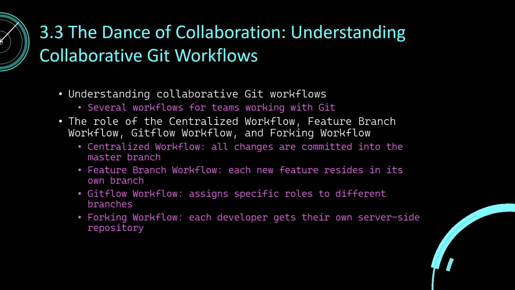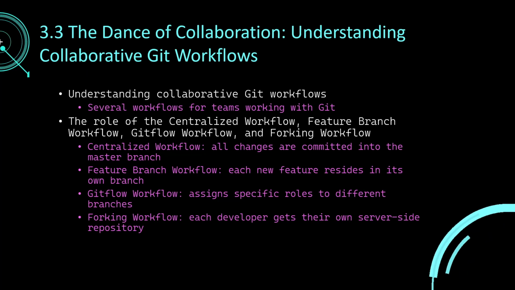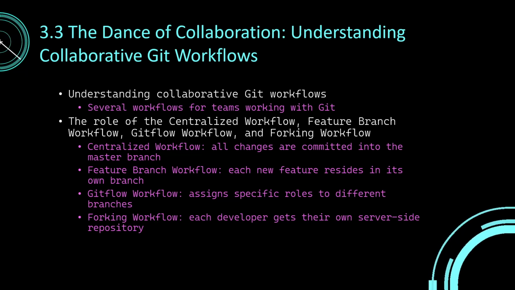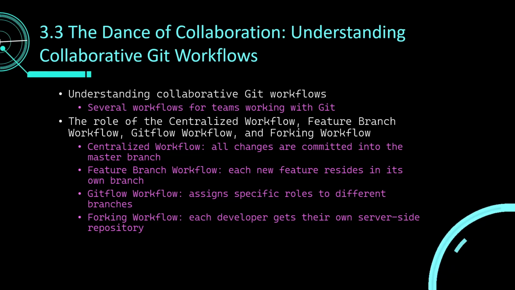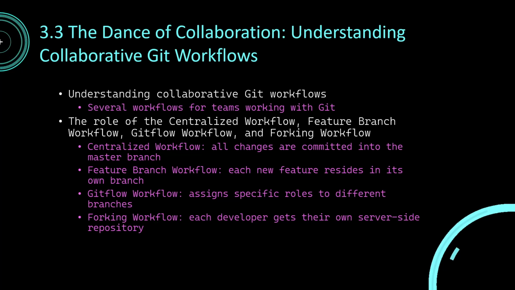Now, if you're not the team lead, it's always good to talk with the team lead and just make sure that you are aligned with the strategy that the team is using. Don't just go off and do your own thing. But when it does come to collaborating with Git, we've got different models, and different models are suited for different team structures and project scenarios.